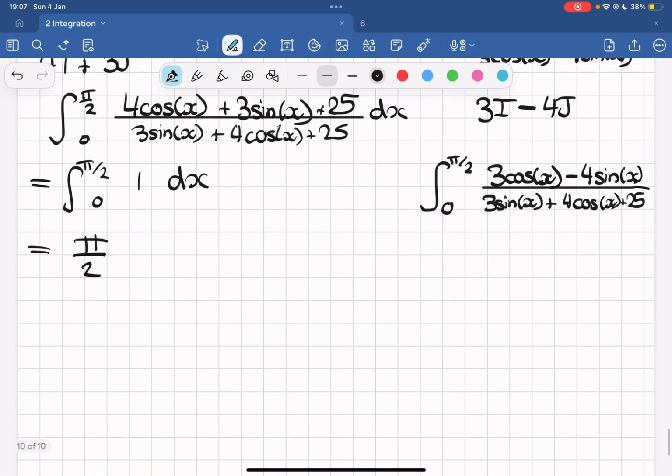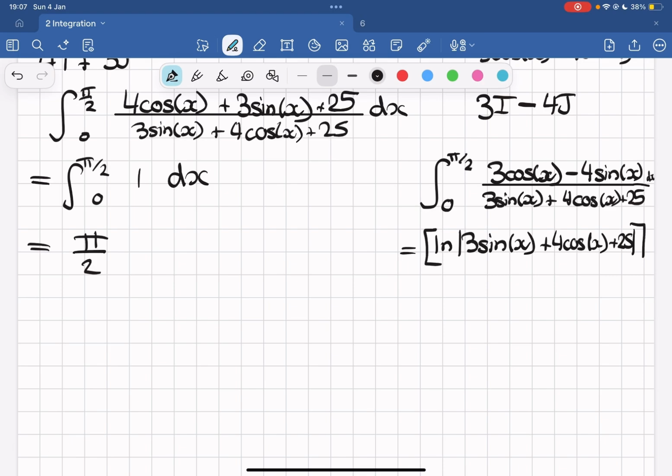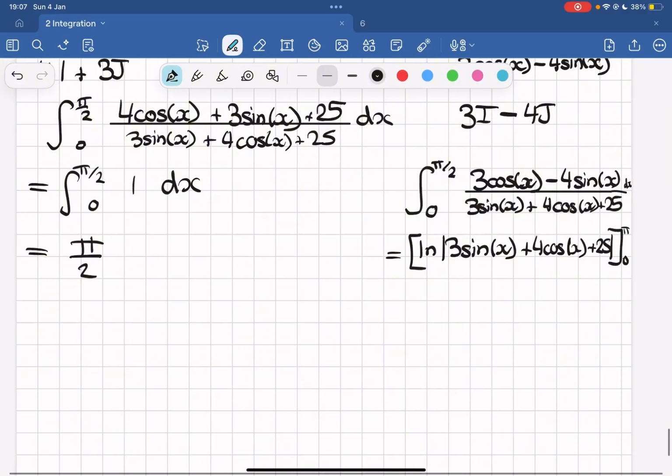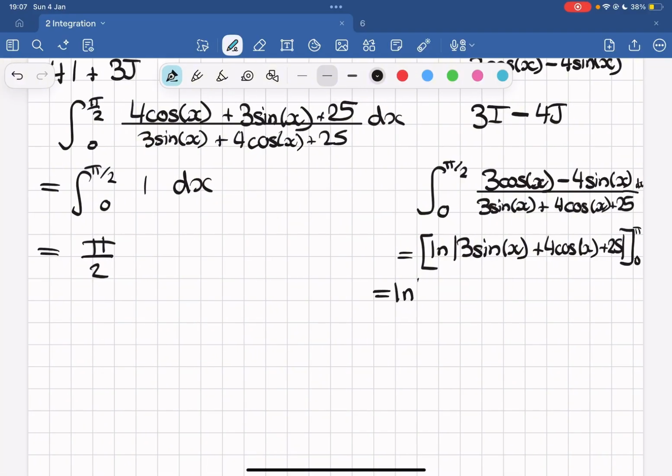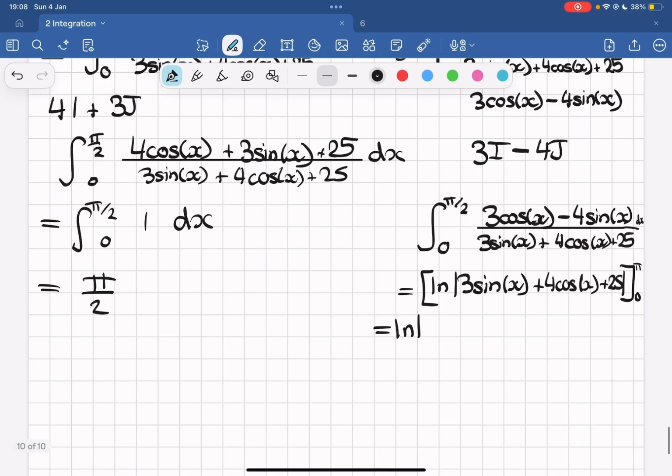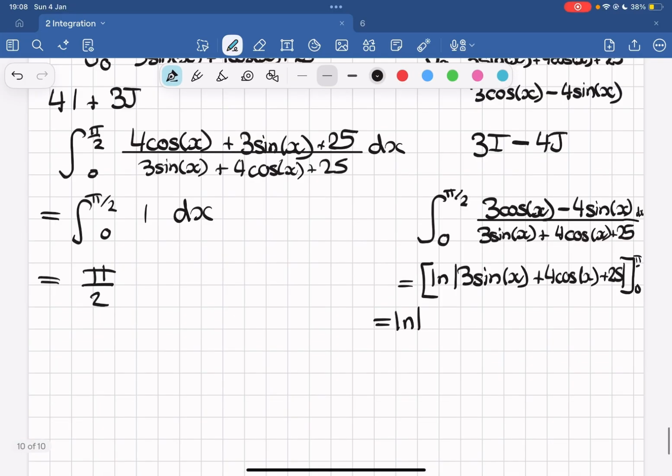Perfect. Now if you integrate this with respect to x, we get ln of 3 sin x plus 4 cos x, and don't forget our 25. And the area is from 0 to pi over 2. So let's evaluate this real quick. Ln of 3 times sine pi over 2.